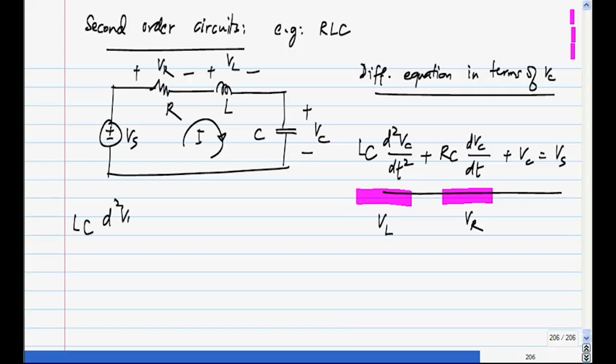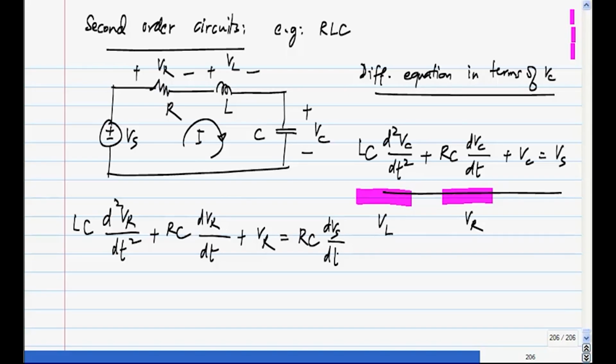LC times the second derivative of VR with respect to time plus RC times the first derivative of VR plus VR equals RC times the first derivative of Vs, the source voltage.